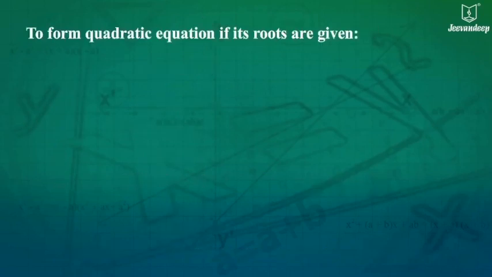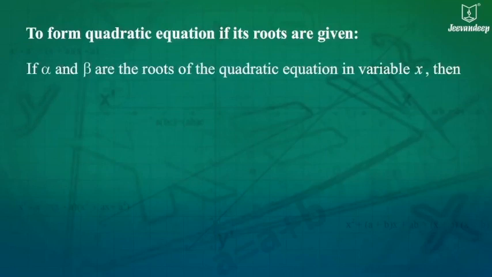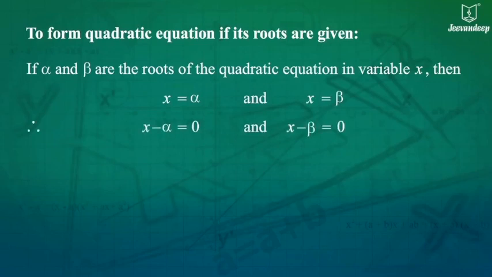To form quadratic equation, if its roots are given. If alpha and beta are the roots of the quadratic equation in variable x, then the two values for x are alpha and beta. Or x minus alpha is equal to 0 and x minus beta is equal to 0.